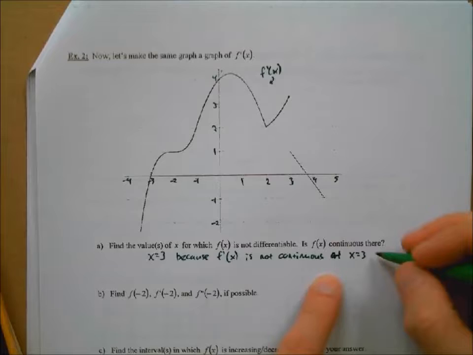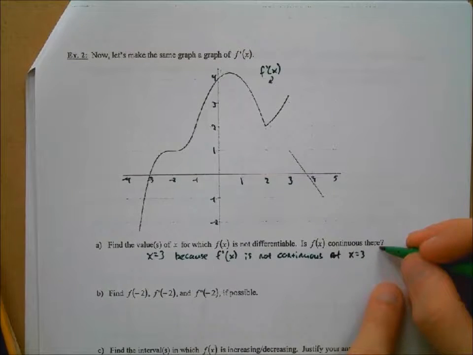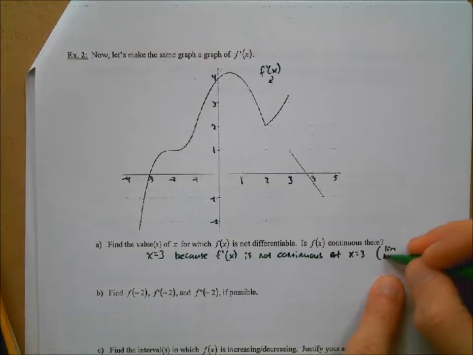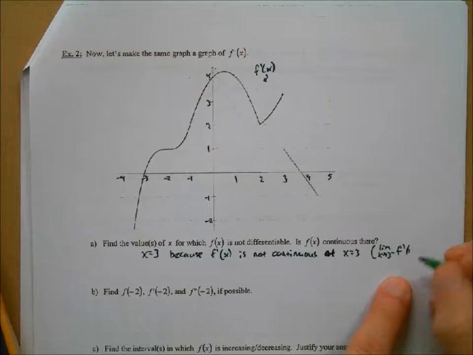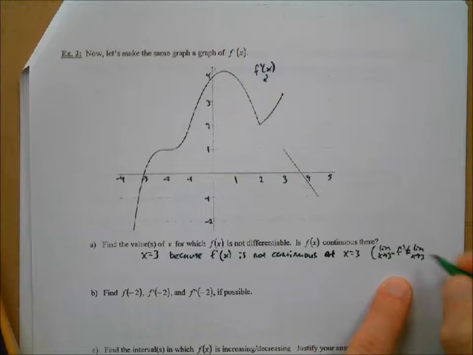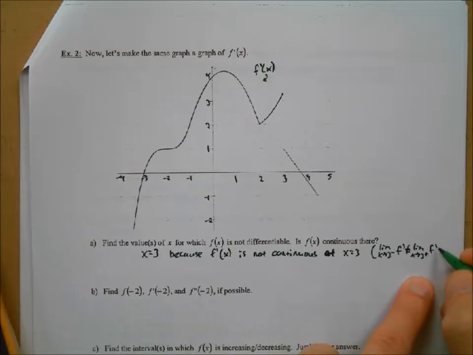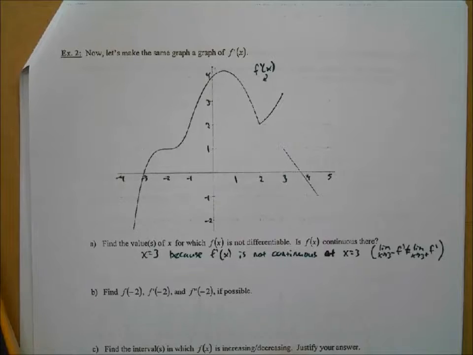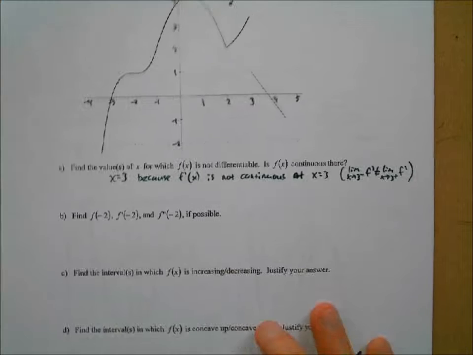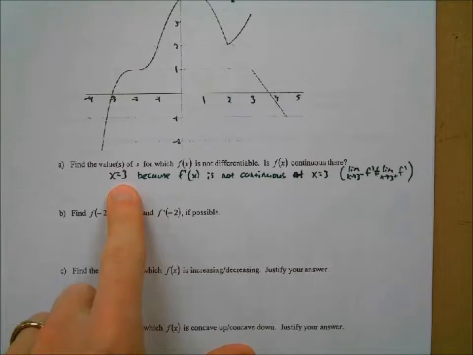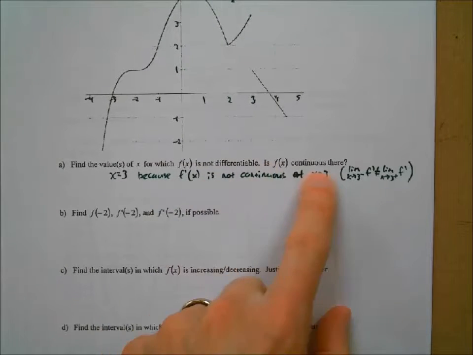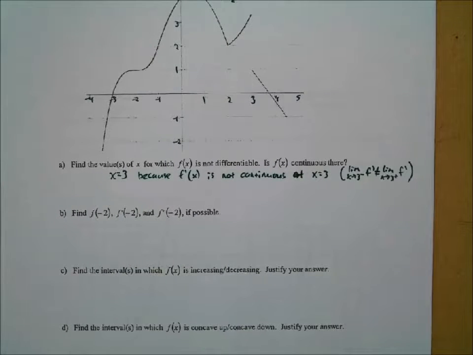If you wanted to give further justification, you could say that the limit as x approaches 3 from the left of f prime does not equal the limit as x approaches 3 from the right of f prime. Okay, that would be a good justification there. Okay, since f is not differentiable at x equals 3, is f going to be continuous at x equals 3?